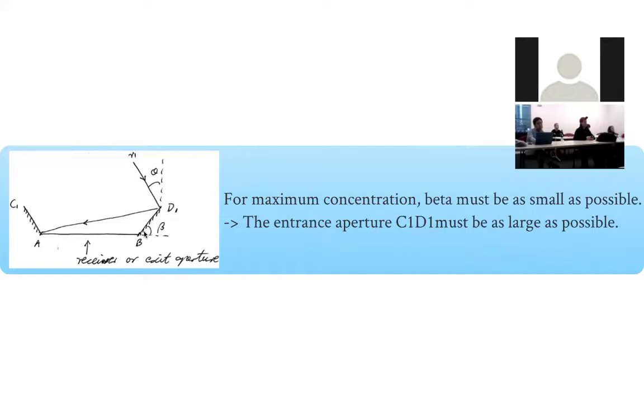Now, what happens if we put a mirror here? Essentially, this ray, R1, is reflected by a mirror put at an angle beta to the horizontal.